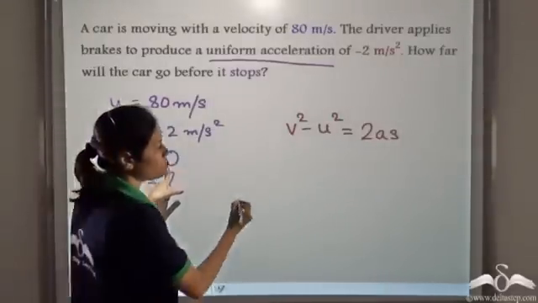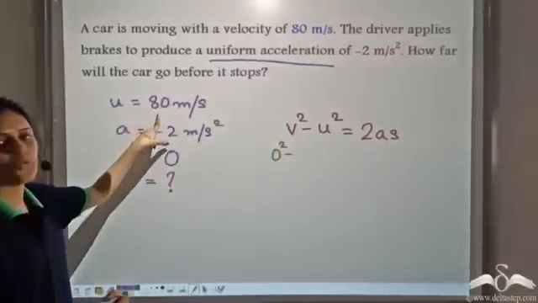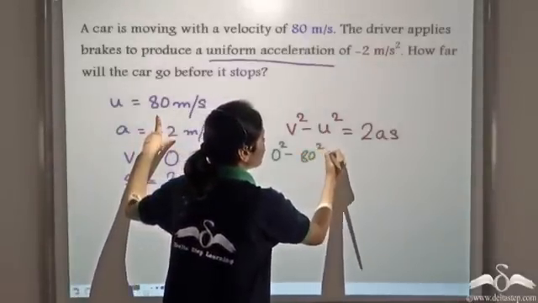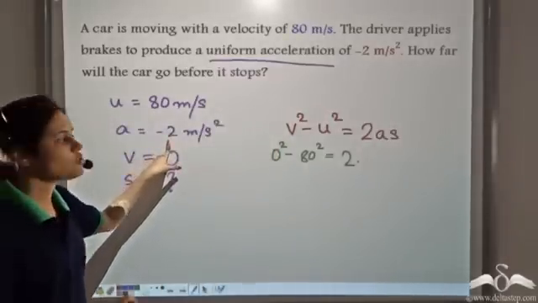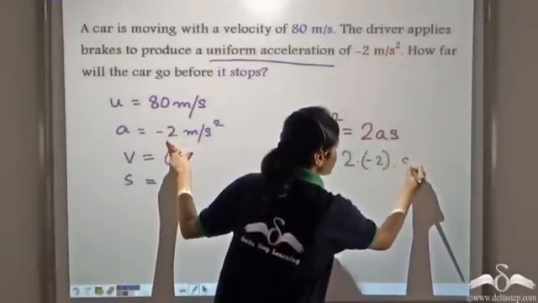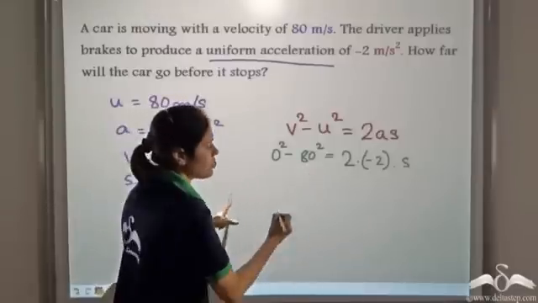So V is 0, 0 square minus U is 80, 80 square is equal to 2 times A, which is minus 2, S. So 0 minus 80 square.